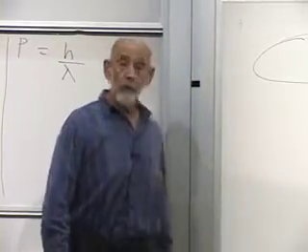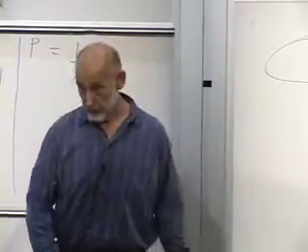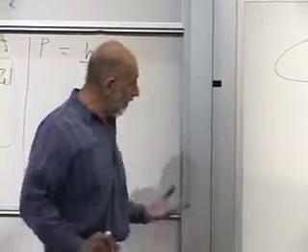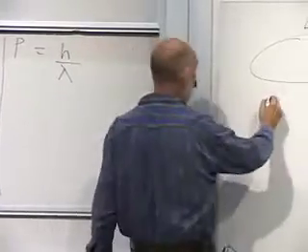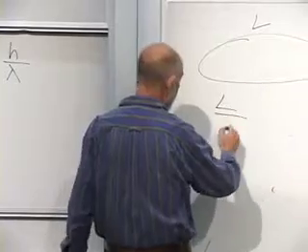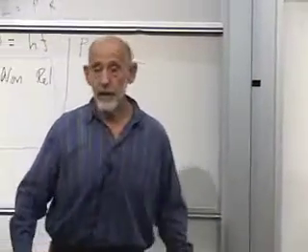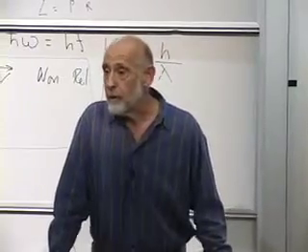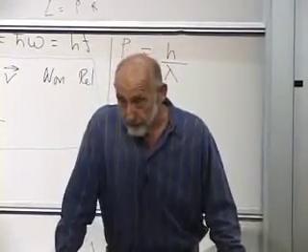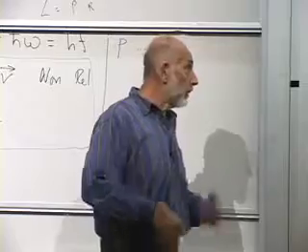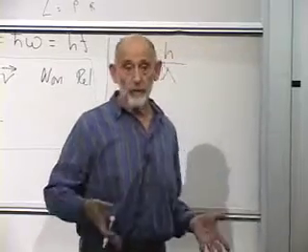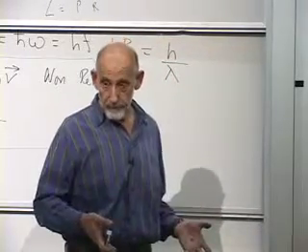There are some allowable values of the wavelength. Remember, the allowable values of the wavelength are L divided by n, where n is any integer. That means there are allowable values of momentum. These are allowable values of frequency and allowable values of momentum.